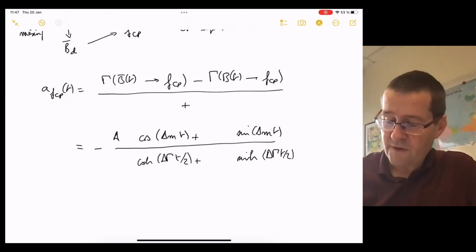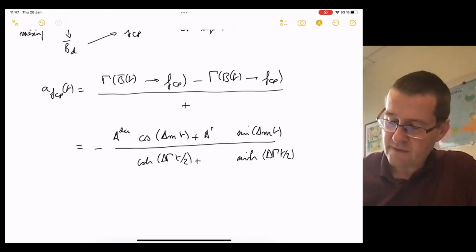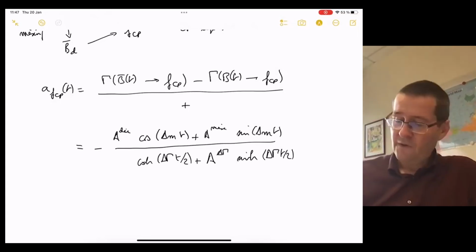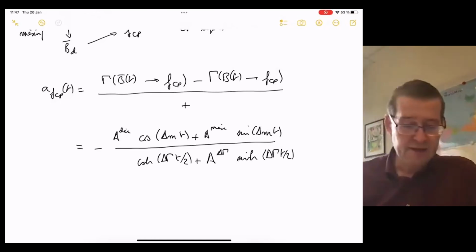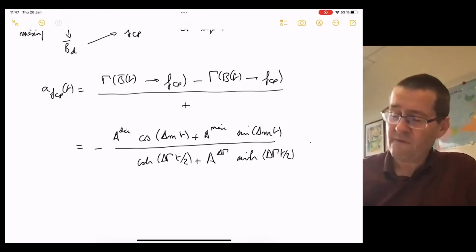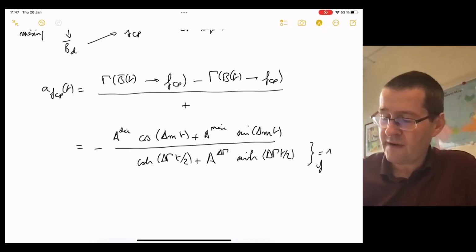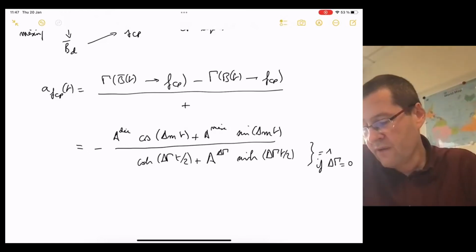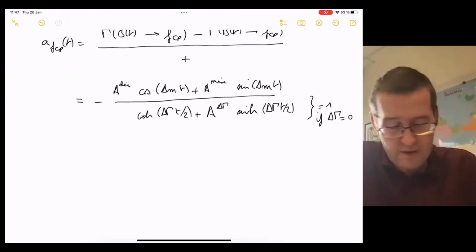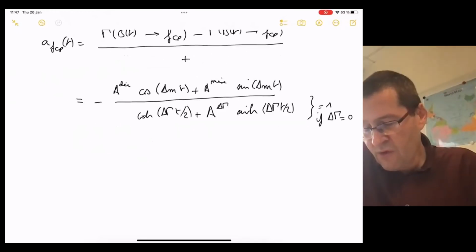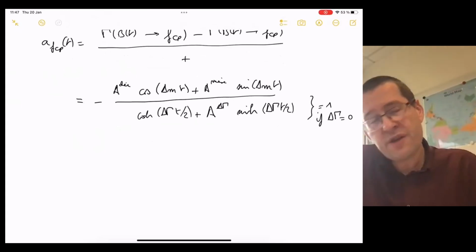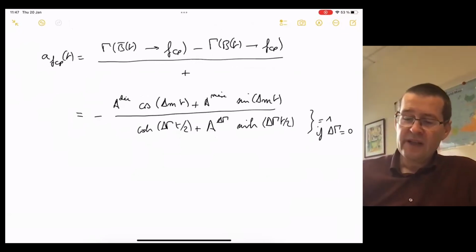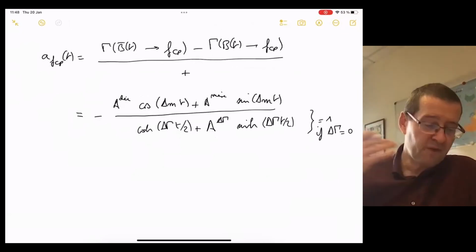Then you have coefficients in front that arise: A_dir, A_mix, and A_delta-gamma. Here the denominator is equal to 1 if there is no noticeable difference of width between the two states. That's the case for B_d, so in the B_d case, generally you find only two coefficients being quoted.